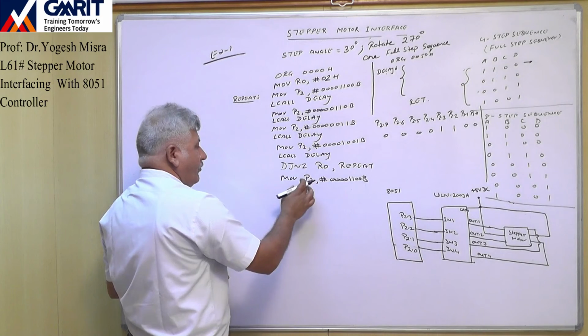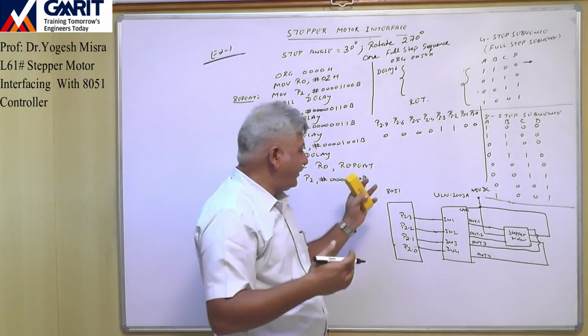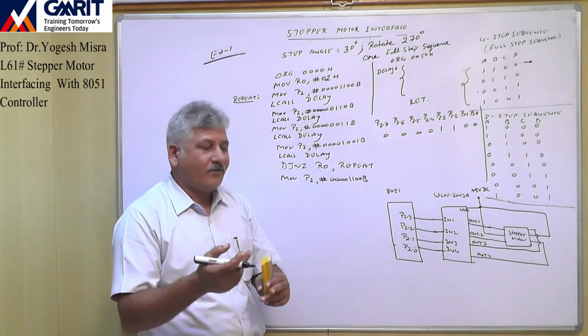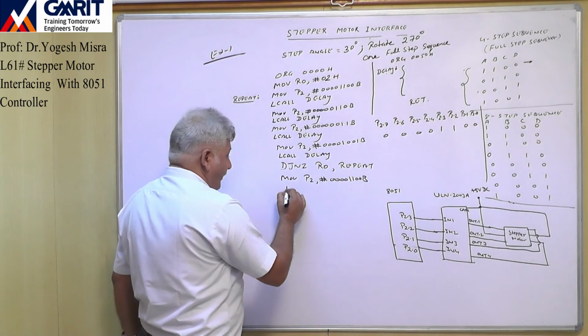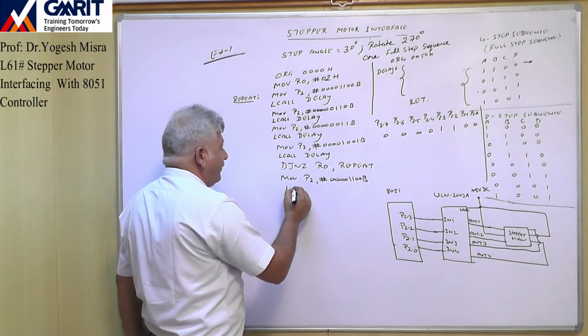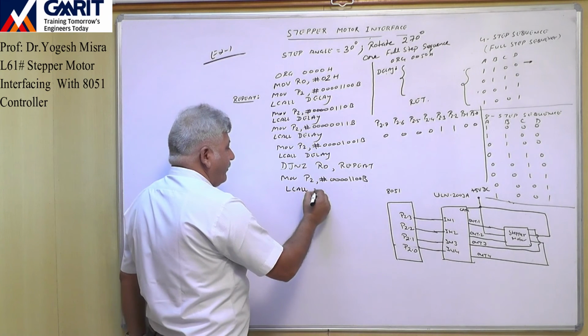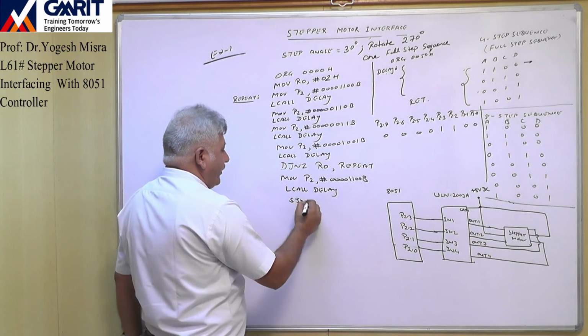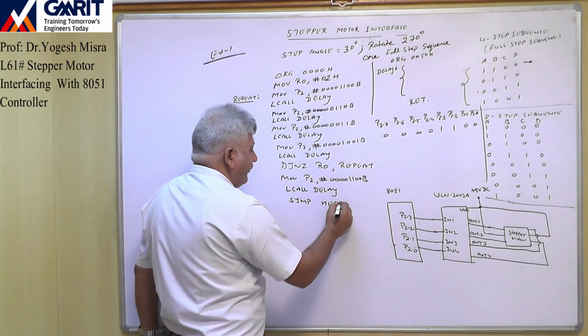This step will go to port 2 and the motor will rotate another 30 degrees. So now it will become a total of 270 degrees. After this we again call the subroutine delay, LCALL, and then we will stop the program. SJMP here.